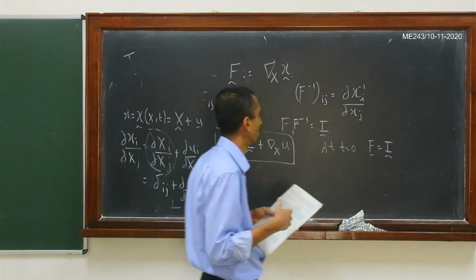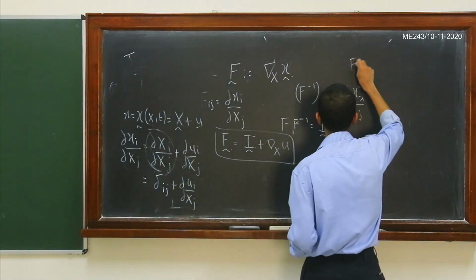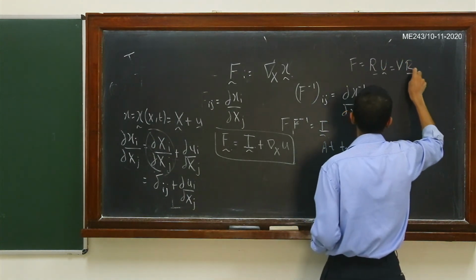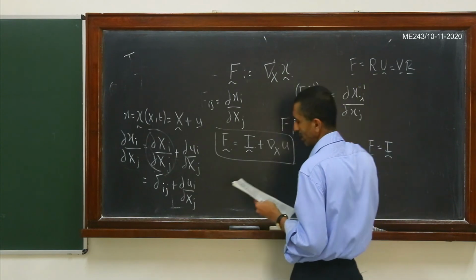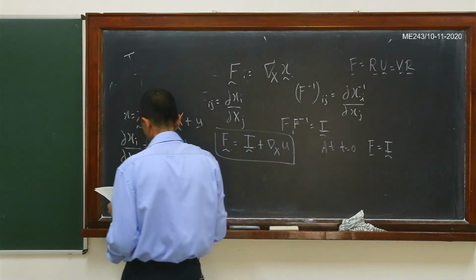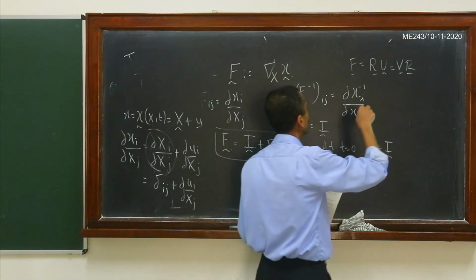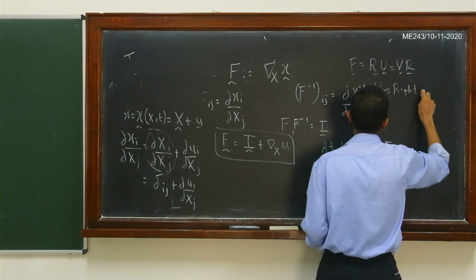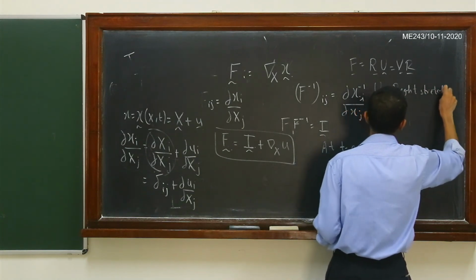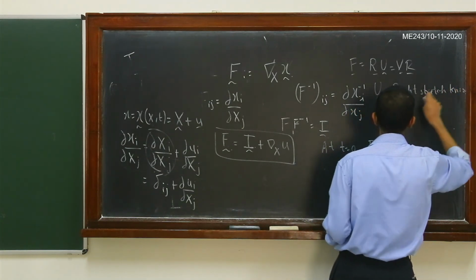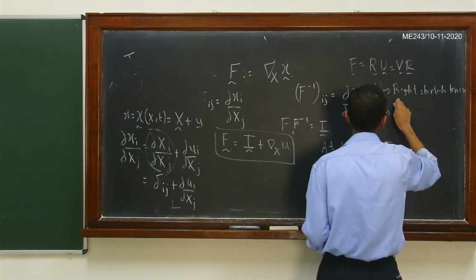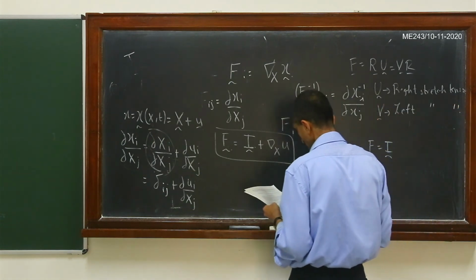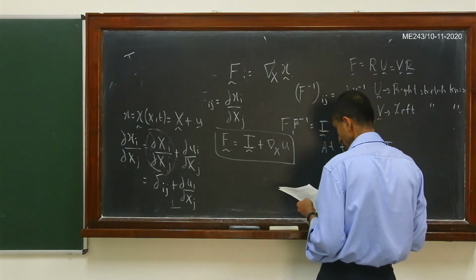So we can always write F equal to RU, which is also equal to VR. This U is known as the right stretch tensor, and the V is known as the left stretch tensor. These are some of the terminologies that we use.